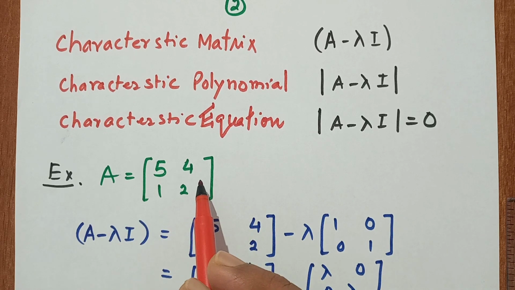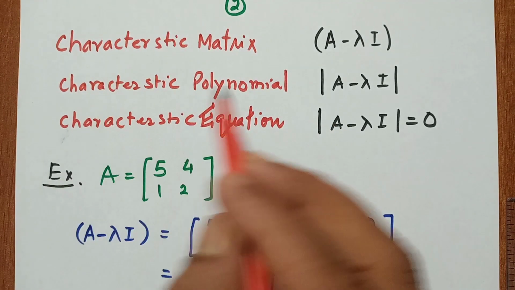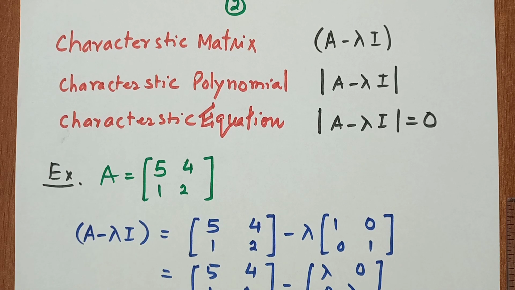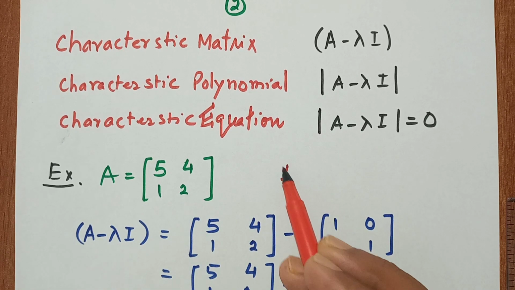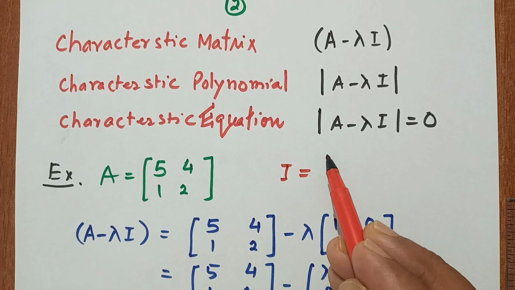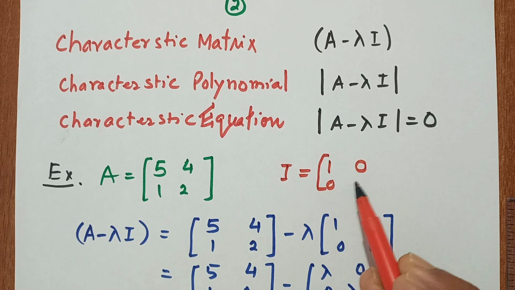So first we calculate the characteristic matrix, then the characteristic polynomial, then the characteristic equation. Here A is equal to this thing. First we take the identity matrix. As you know, if A is of order 2, we take the identity matrix of this type: 1 0 0 1.